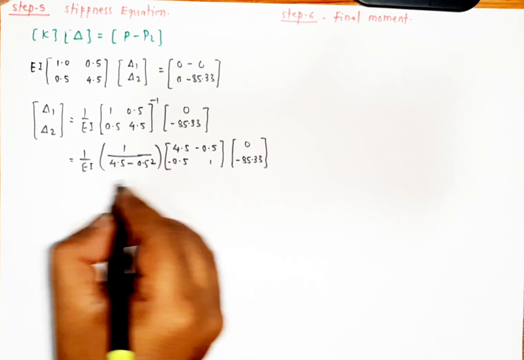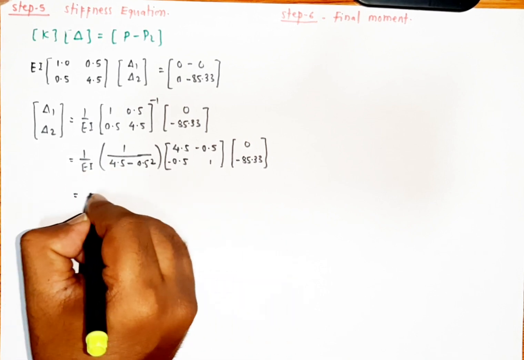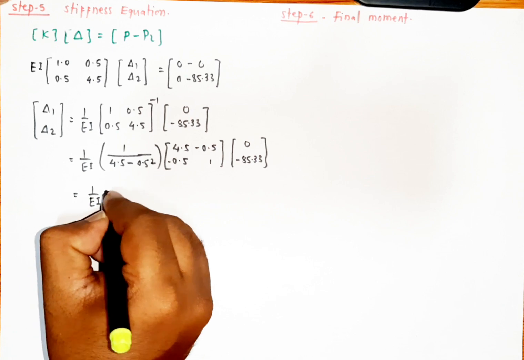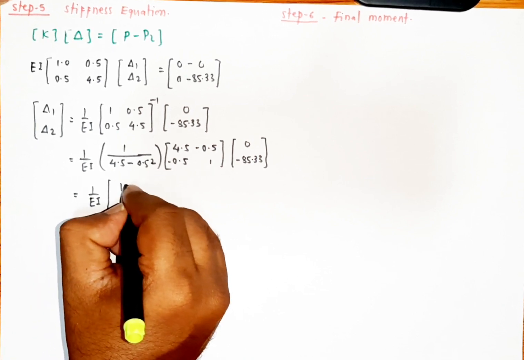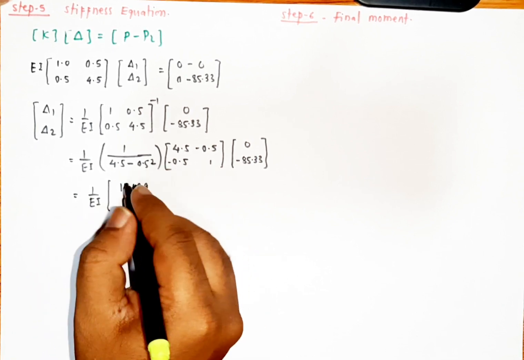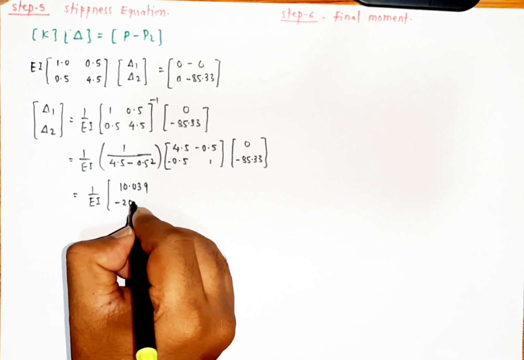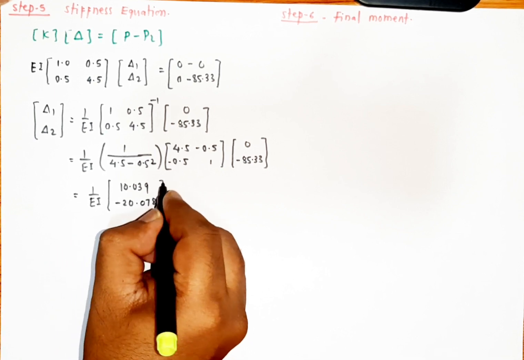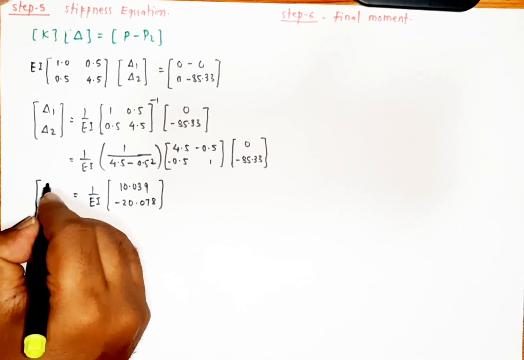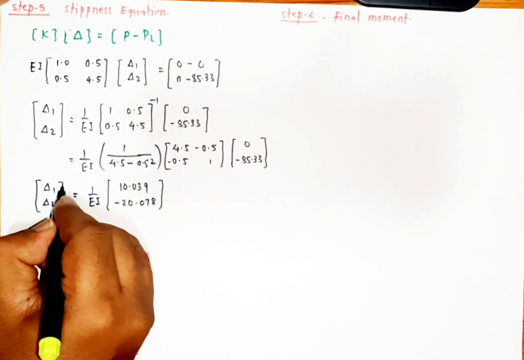So ultimately when we solve it, we will get values as 1 upon EI into 10.039 and minus 20.078. So this is all about delta 1 and delta 2.